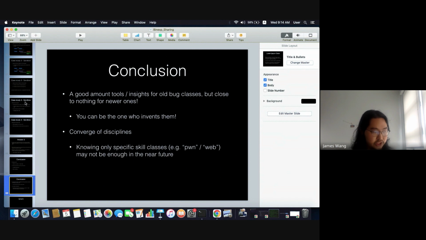But for race conditions or undefined behavior ones, we often don't have good tools for finding them. This is a huge part of security that could be improved. I'm not sure how many people are currently working on this, but I think not a lot, which means that if you start working on this, you might invent something relevant for the entire security industry. And that could be very impactful.